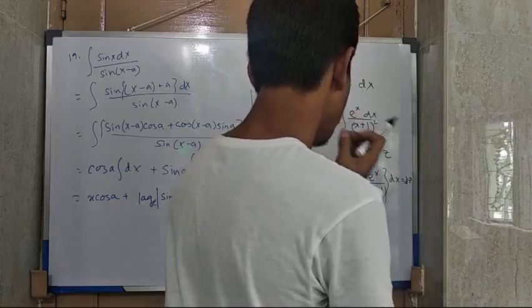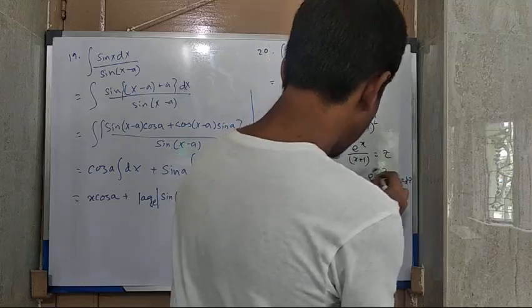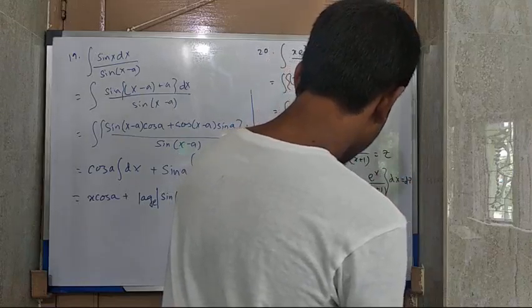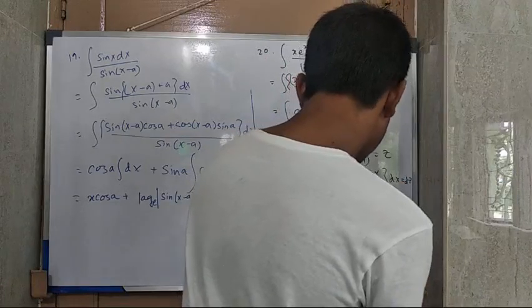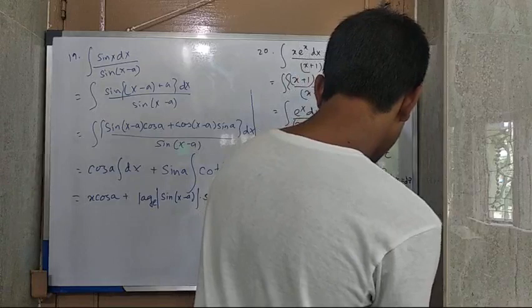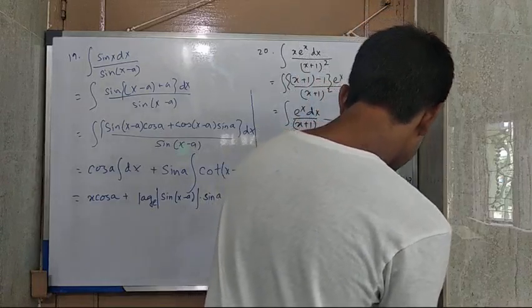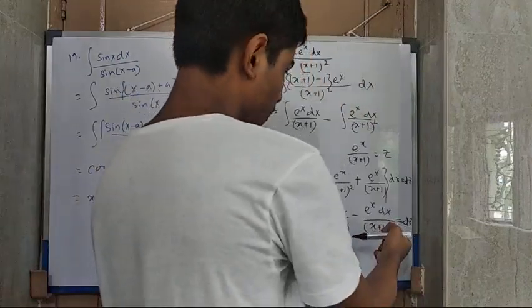So this is e to the power x dx by (x plus 1) minus e to the power x dx by (x plus 1) whole squared equals dz.